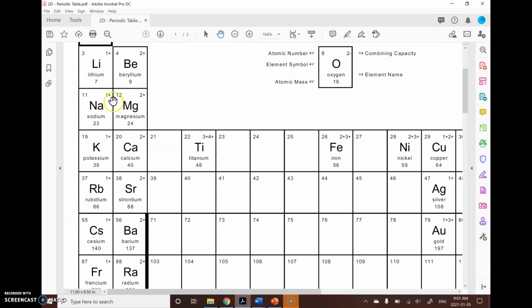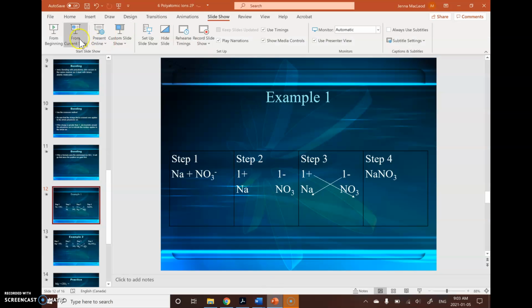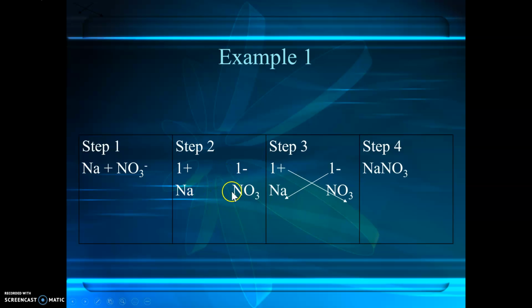That's what we want. NO3 has a negative charge right here, so you put the -1. Then you do the crossing over. The 1 comes down here and the 1 comes down over here. And what we get is NaNO3.